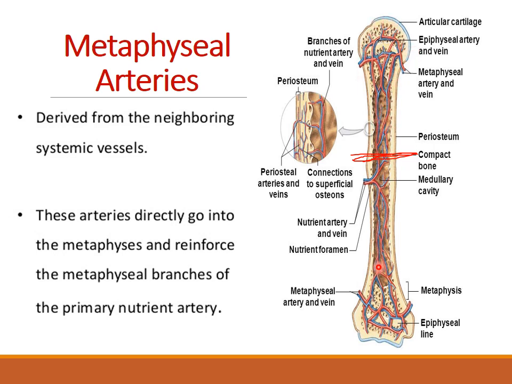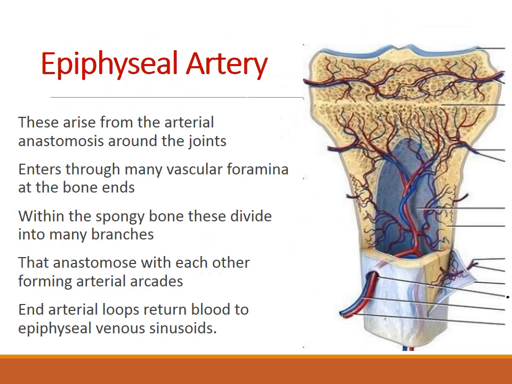In the adults, remember, when the epiphyseal cartilage has become ossified, the epiphyseal artery, which is a branch from the anastomosis around the joint, makes arterial arcades, and from here the vessel enters into the epiphysis by many vascular foramina present at the ends of the bone.